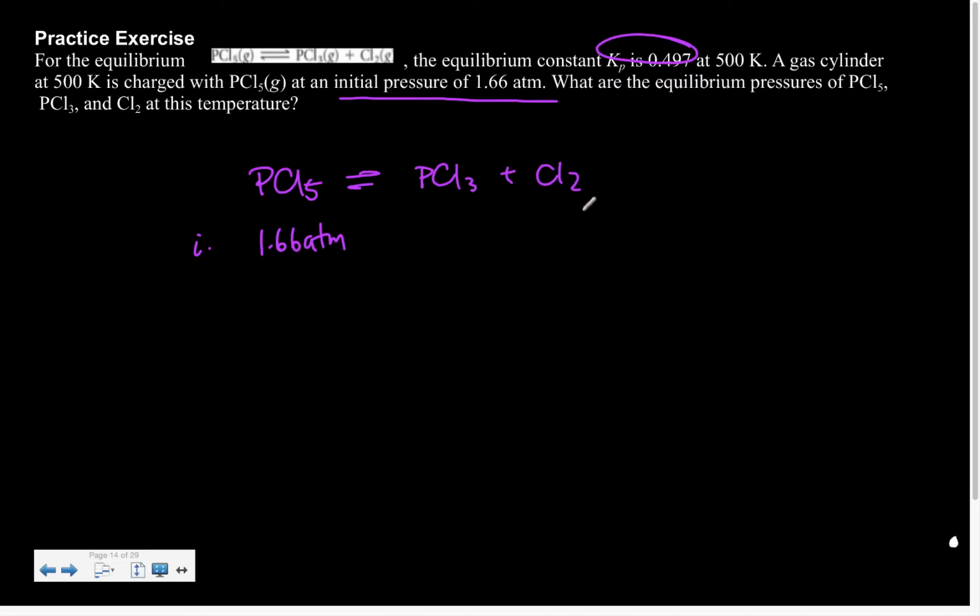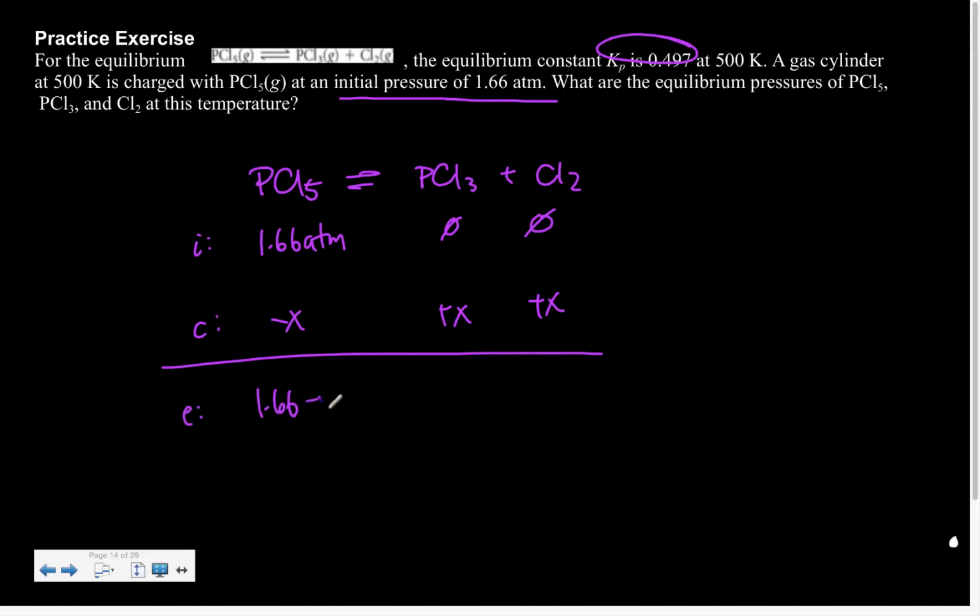And initially, I know that I have 1.66 atmospheres of that, which means what about these? Right. I know that I'm going to lose some of that. I'm going to gain this, and I'm going to gain this, and again, that's based on the relative stoichiometry. Which means that my equilibrium concentration is going to be 1.66 minus x, and this is going to be x and x, right?